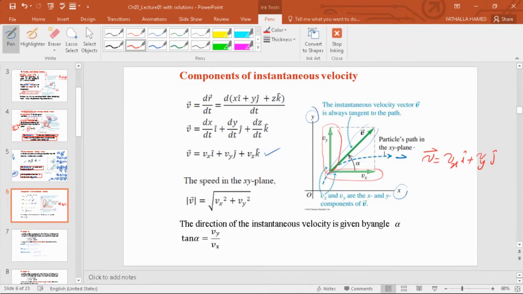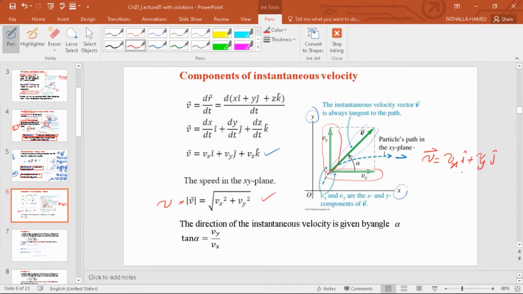If you want the magnitude of that vector, which equals the speed here, it will be the square root of vx squared plus vy squared, and that will give you your speed. So there are 2 things we can say here: the speed, or the magnitude of the velocity.